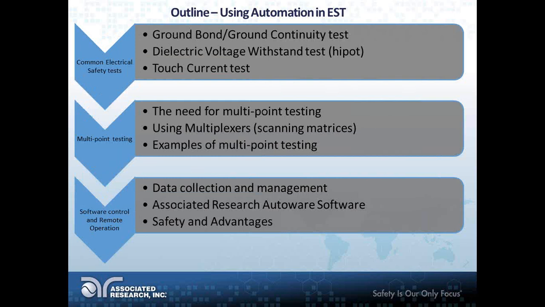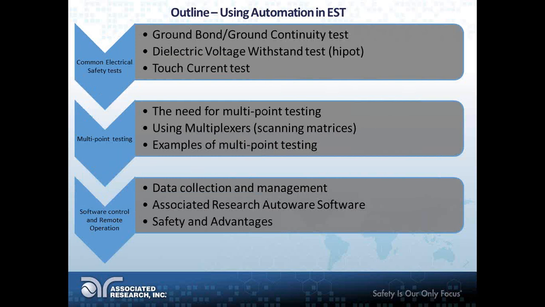And lastly, we will take it to the next level and add software control to set up a fully automated test system, minimizing operator intervention and minimizing the overall chance of operator error. We will give some advantages of using multiplexers, along with the Associated Research custom Autoware software, instrument control software.